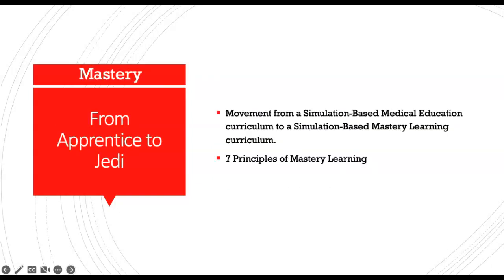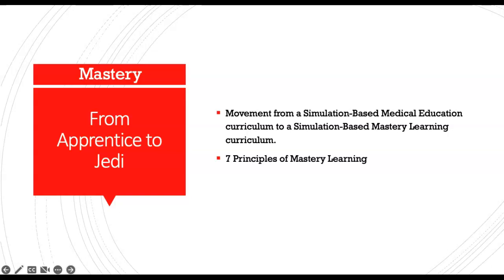So, while the simulation-based medical education curriculum was successful, the university wanted to take it a step further and move the program to a simulation-based mastery learning training system. The team used the seven-step approach developed by McGaghie et al. to move the simulation program to a mastery learning type program.